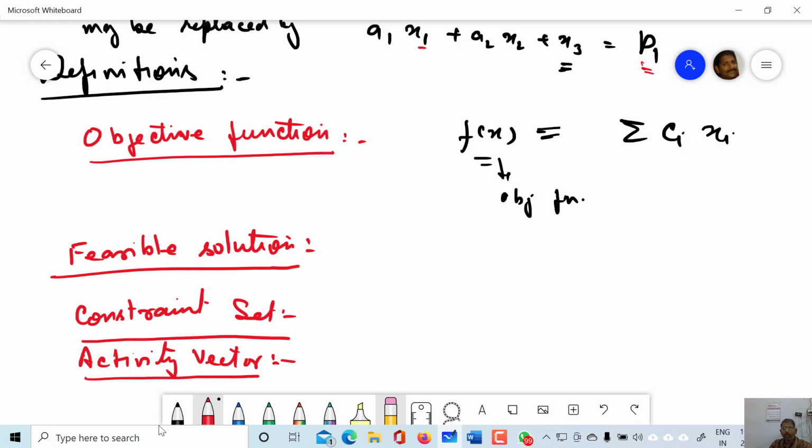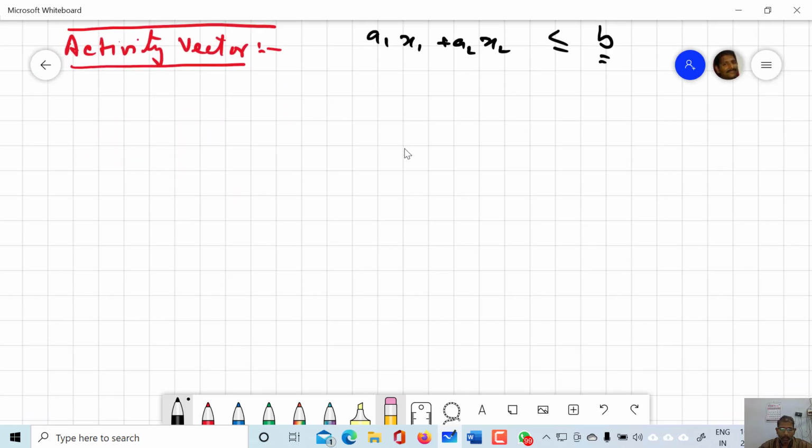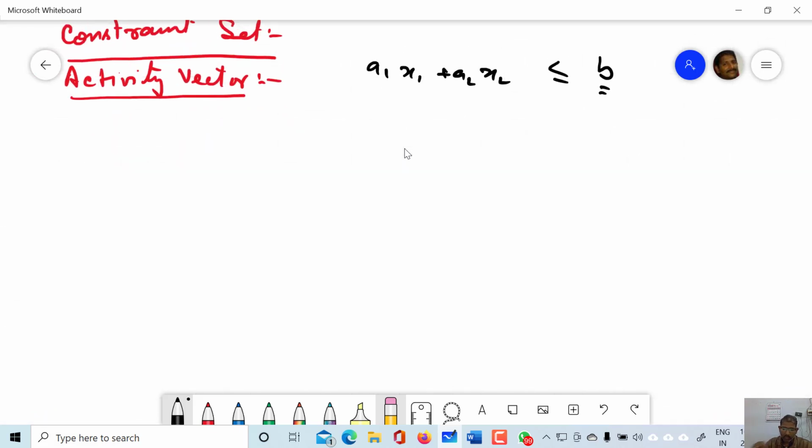So I can write this like, suppose a1 x1 plus a2 x2 is less than or equal to b by applying some constraints, then this right side variable is called the activity vector. So these are the main definitions and main things which we have to understand.